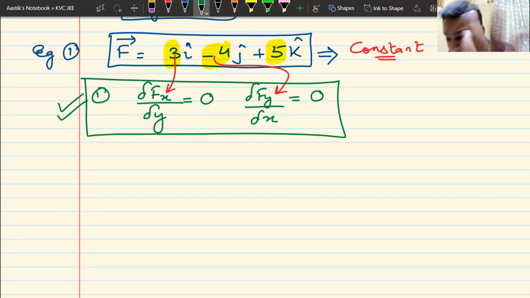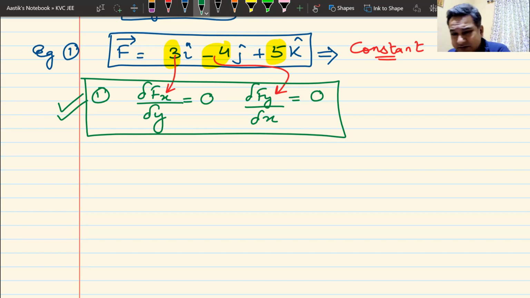Yes or no? Now, if you repeat the test, step number 2, step number 3, find the partial derivative of fx with respect to z, find the partial derivative of fz with respect to x, everything will turn out to be 0 because everything is a constant. So all the 3 conditions would be met.